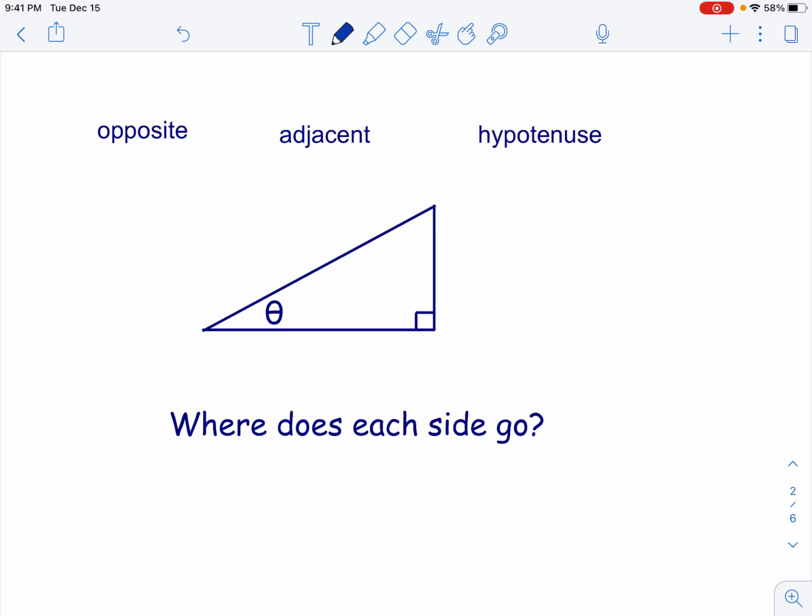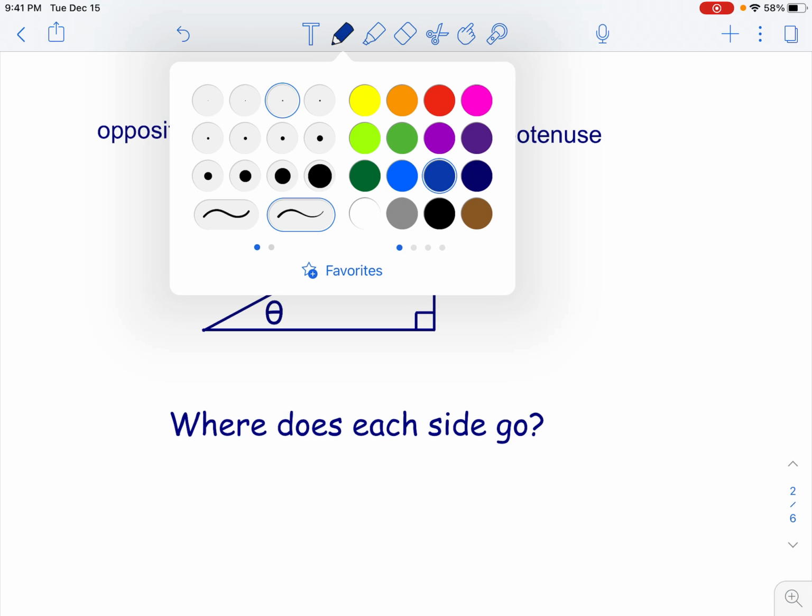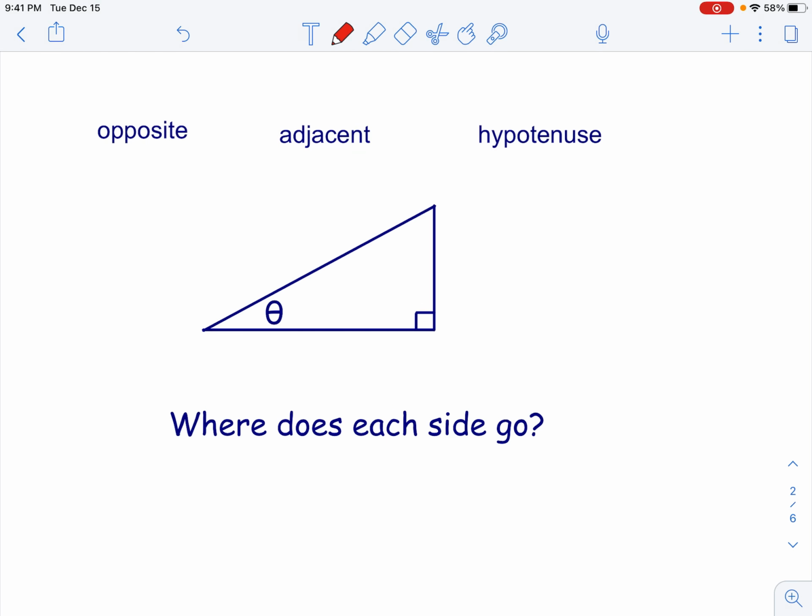So let's first refresh our memory and identify which one is opposite, which one is adjacent, and which one is hypotenuse. If we are dealing with, let's grab a new color here, we'll do red, this angle right here, this is called theta. It's a Greek letter, and we use it typically when we're talking about angles.